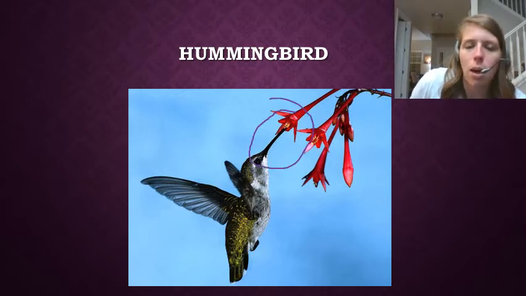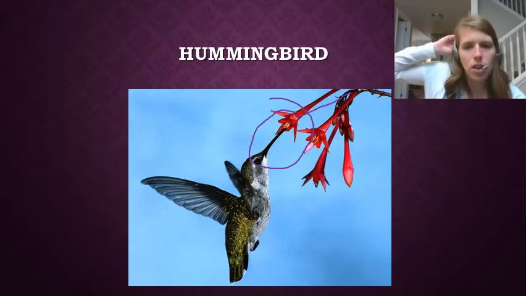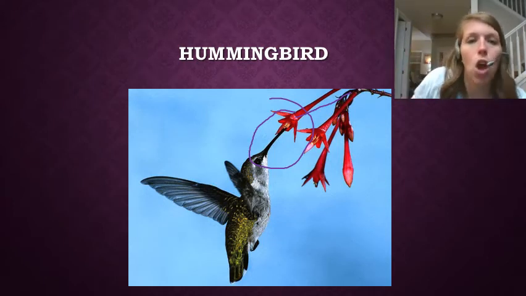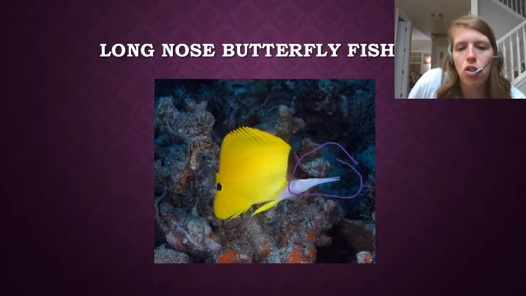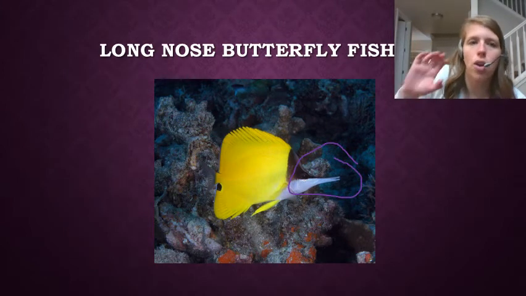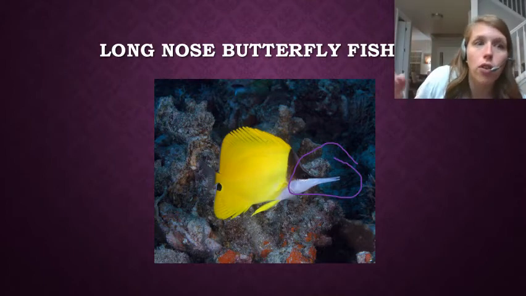Well, it's adapted that way so that they can get the nectar from long flowers. So that's a neat adaptation that helps that hummingbird meet the challenges of its life. We talked about the long-nosed butterfly fish. That long nose gives that fish an advantage to have more of a food source, right?